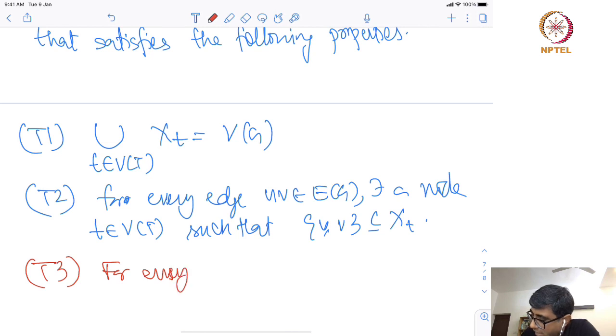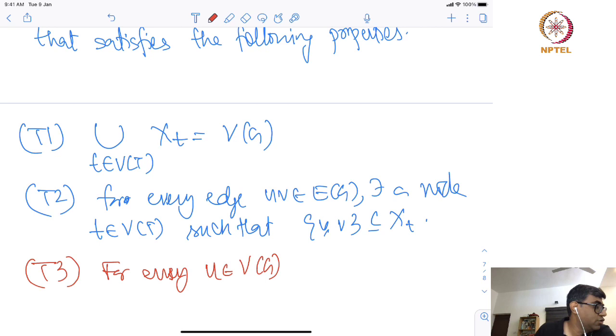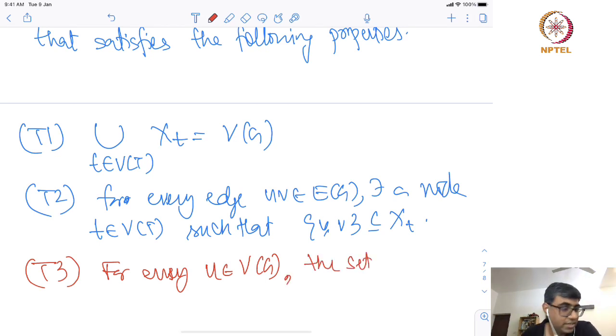For every u in V(G), the set T_u, what is the set T_u?